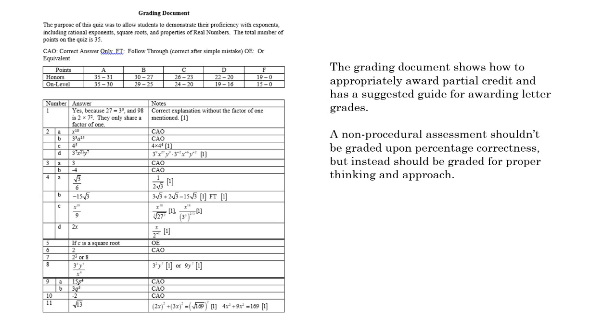That's perfectly appropriate for procedural only. But for something like this, where we're asking them to think, we need to figure out how to assign appropriate grades, and that's what we've done up here.